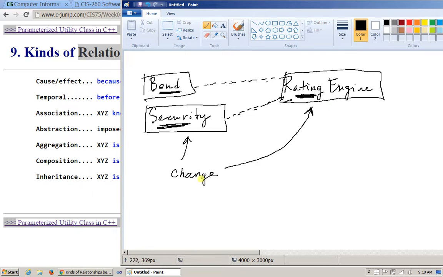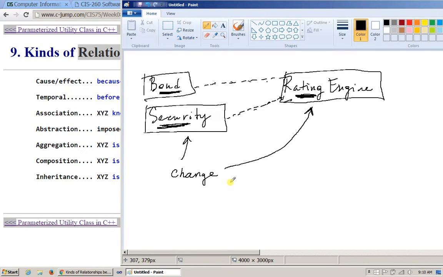Because very likely a change that takes place inside the security or a bond class implementation will be affecting the implementation of the rating engine. Because the rating engine, when it does computation, goes so deeply into the data attributes of the securities and bonds, and histories of them, and types of them and everything else, that it essentially requires changes also if any of these classes do change.